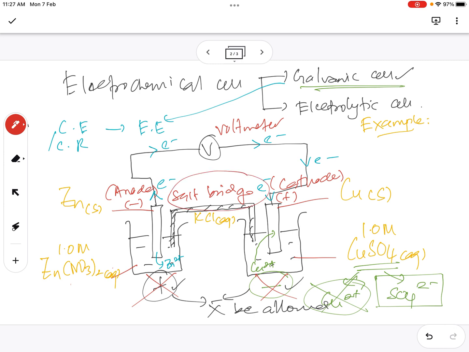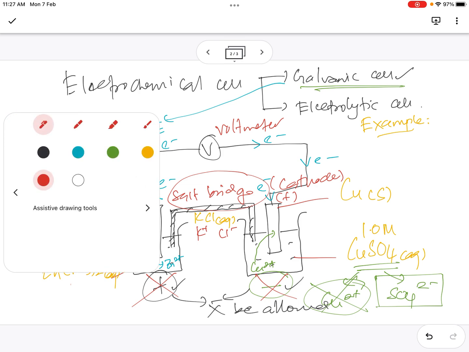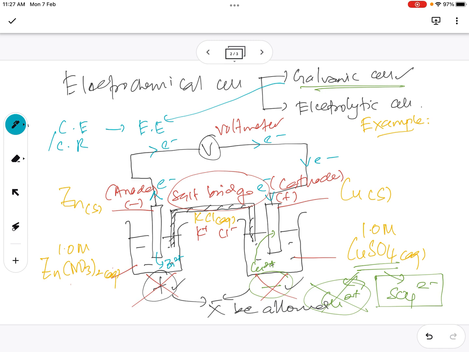Okay? Dalam salt bridge kita ada K+ dan Cl-. Betul tak? Betul. Jadi apa yang akan berlaku adalah ini, Cl- akan bergerak masuk dalam beaker ini. Cuba bayangkan Cl- bergerak masuk dalam beaker ini, apa akan berlaku pada positive charge?